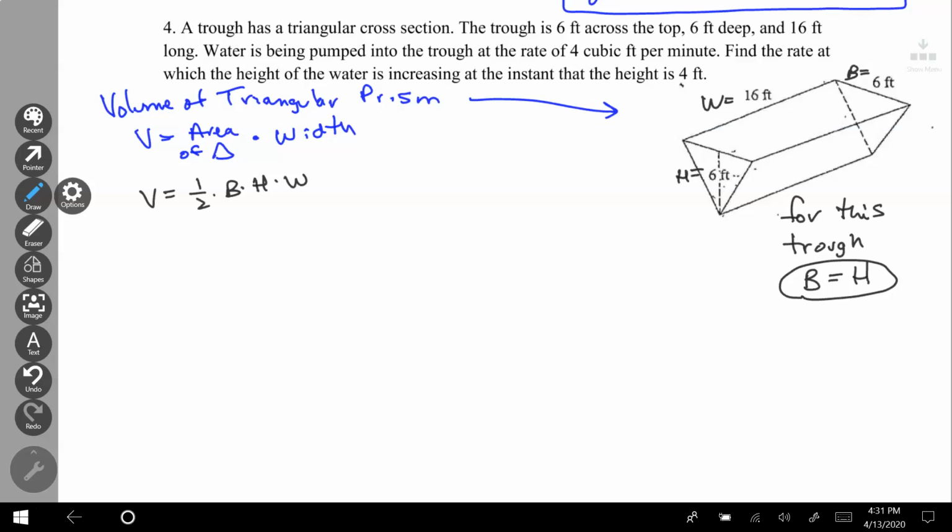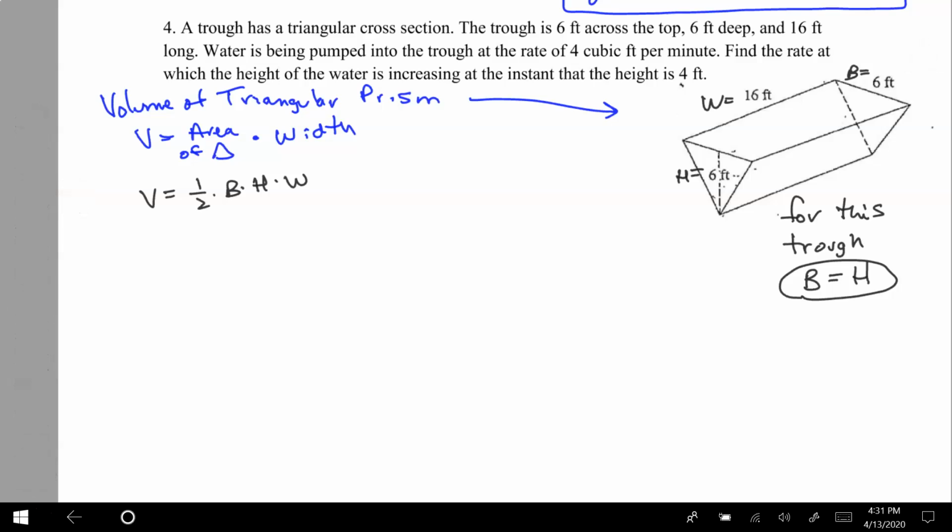Okay, now we have this triangular prism trough, and we're trying to figure out how the height is changing for the given problem. Well, the dimensions of the trough are the top is 6 feet, the height is also 6 feet, and the width of the trough is 16 feet. Well, the volume is just the area of the triangle times the width, or 1/2 base times height times width.